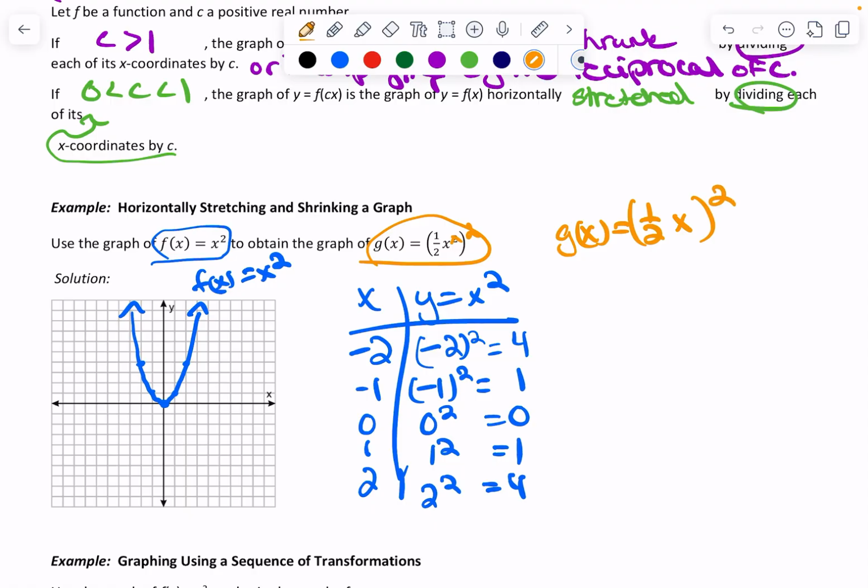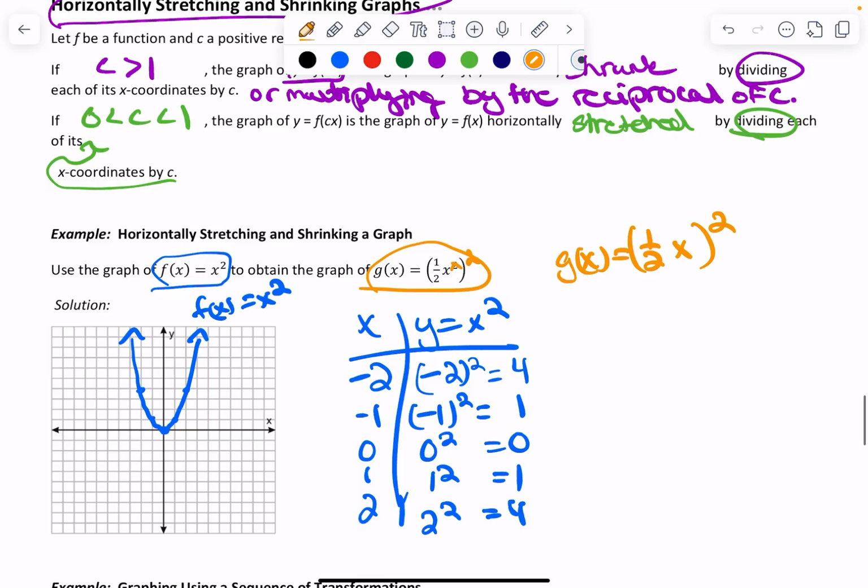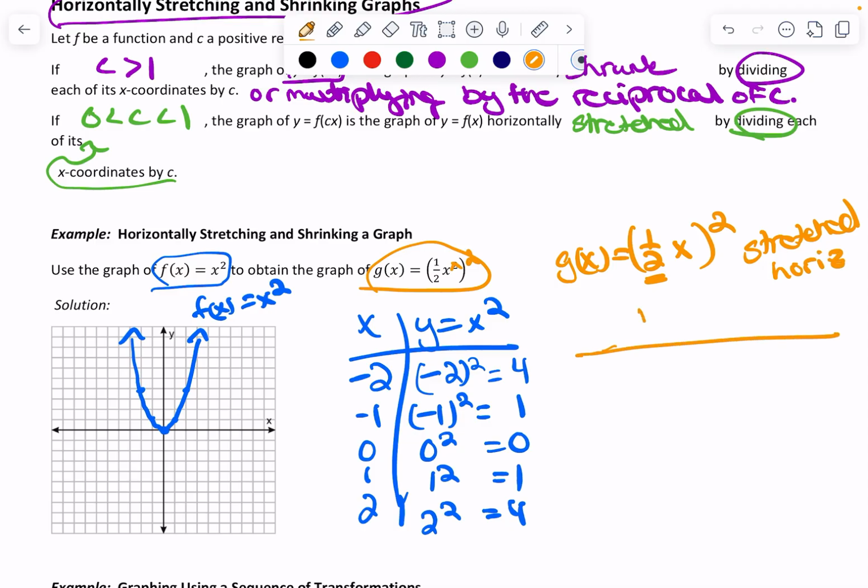So the half is in here with the x, so that means that this is stretched horizontally. Y equals half x squared. 0 is going to be a 0.